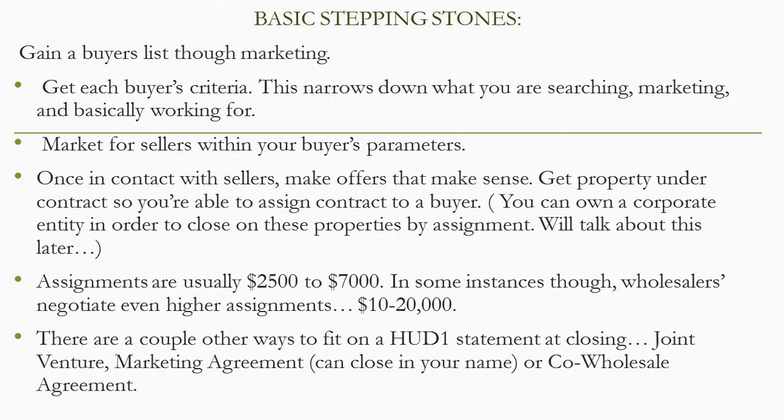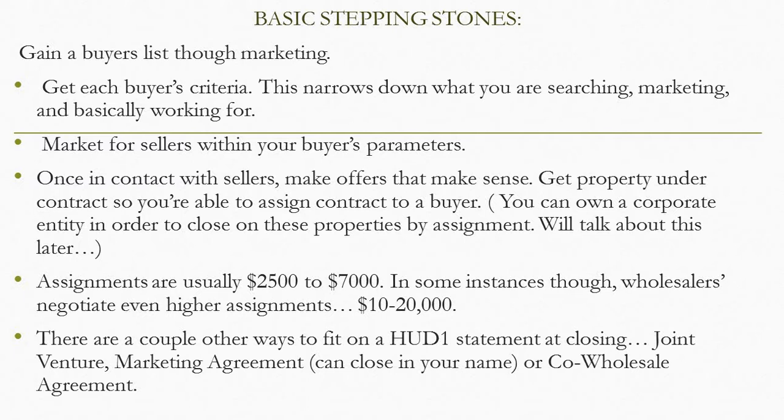All right, assignments. Usually assignment fees are $2,500 to $7,000. Now, that's good. Let's just say you did one of those a month at $2,500. Would that not supplement your income? $2,500 added on to what you already make at your job. You know, if you have a regular 9 to 5, that would definitely supplement your income and probably change your life, right?